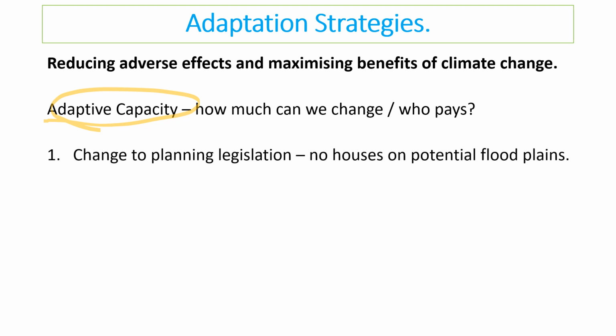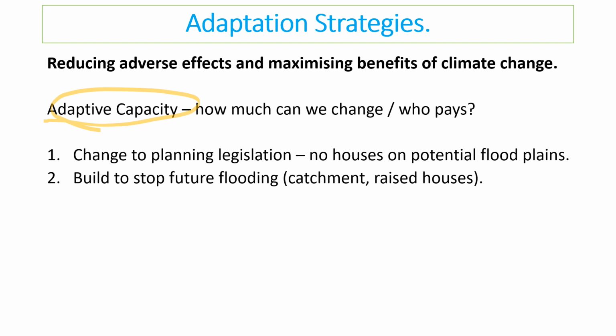So we can change planning legislation. So for example, saying there's no houses on potential floodplains, so that will stop impacts there. We could build to future flooding, so think about how we can catch that water and raise houses to cope with it. We can change our agriculture to cope with the changes.